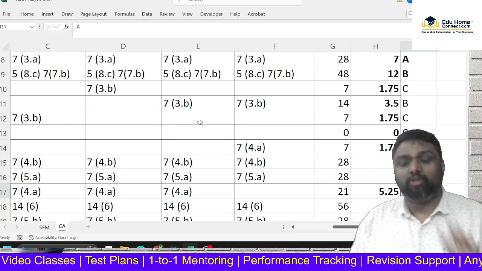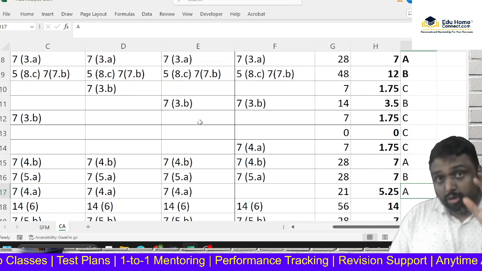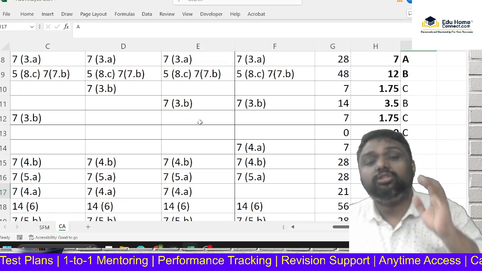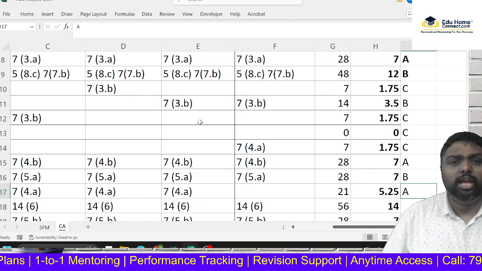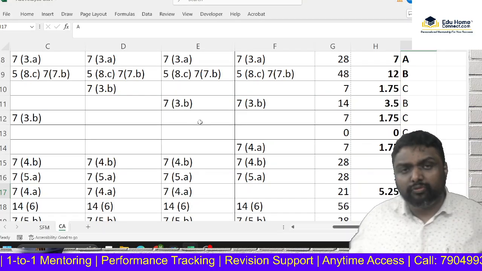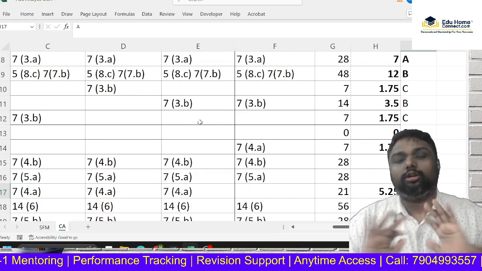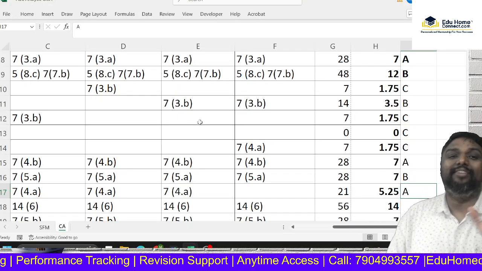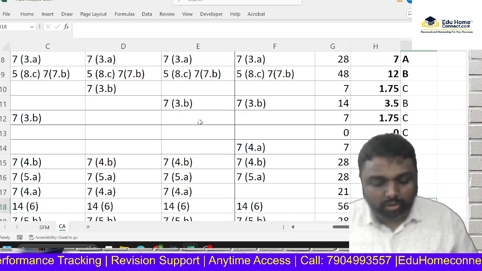Though the average is 5.25 marks, I still put it as A category because if you take a half day of preparation, you can crack it, because for any type of question, step 1 compute the total cost, step 2 compute the cost per unit, then step 3 divide. That is the point you have to do, so you can score.